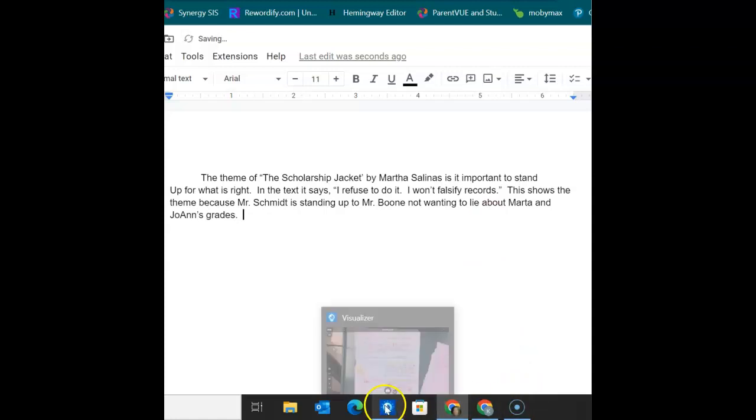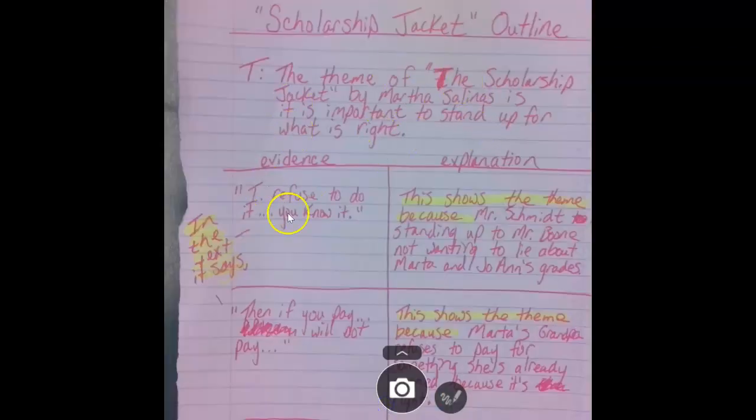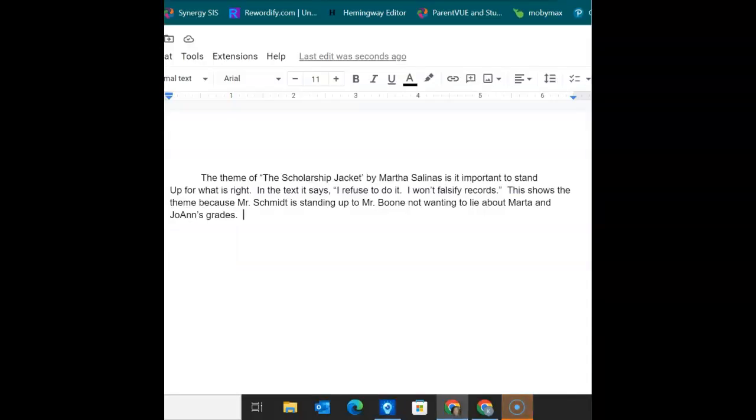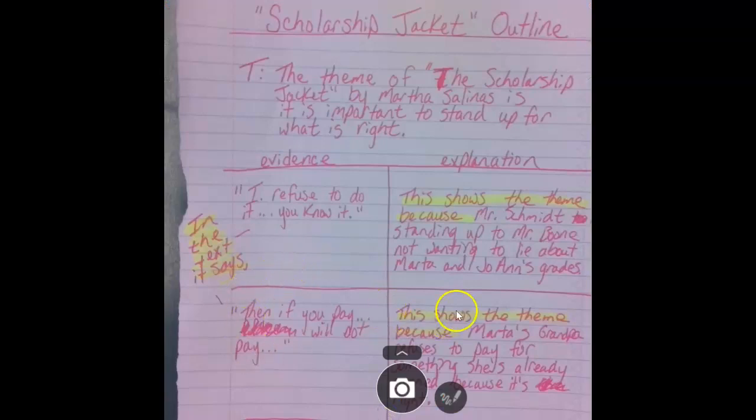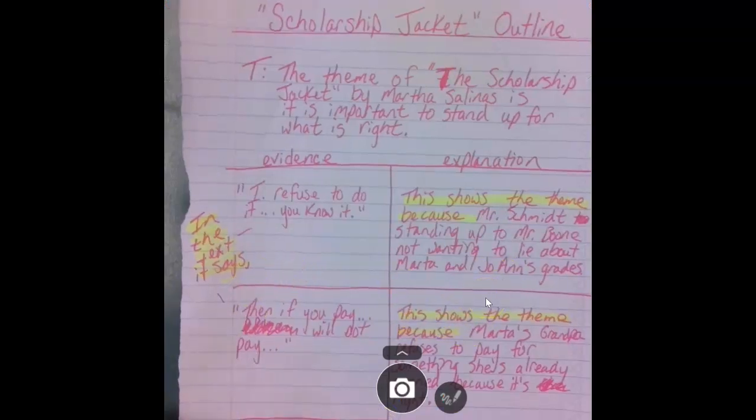Okay, so I already have now my topic sentence, my first piece of evidence, and my first explanation. Then I'm going to go to my second piece of text evidence, and I'm going to use that same transition. In the text it says, and I might say it also says, okay, and I type out that entire quote, and then I'm going to do my second explanation.